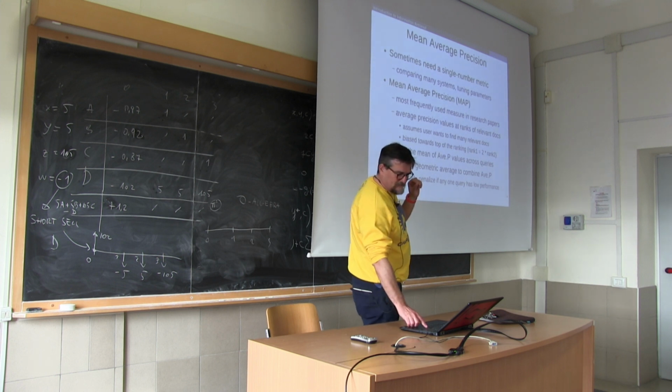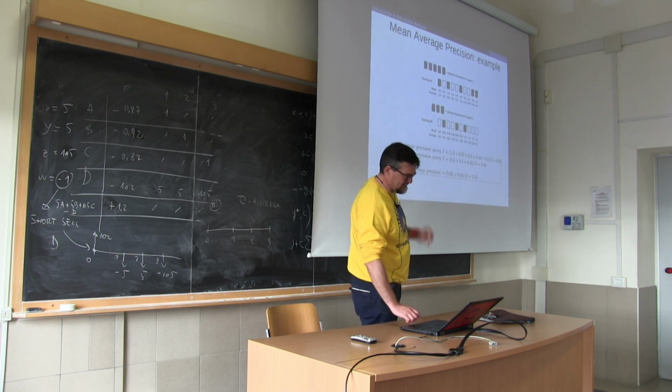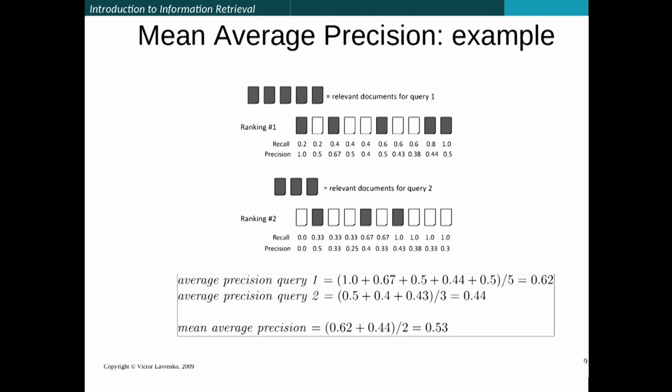Let's see the example, maybe it's easier. This is the precision of query number 1, and I think it is missing something. Anyway, it is the precision that you see here.